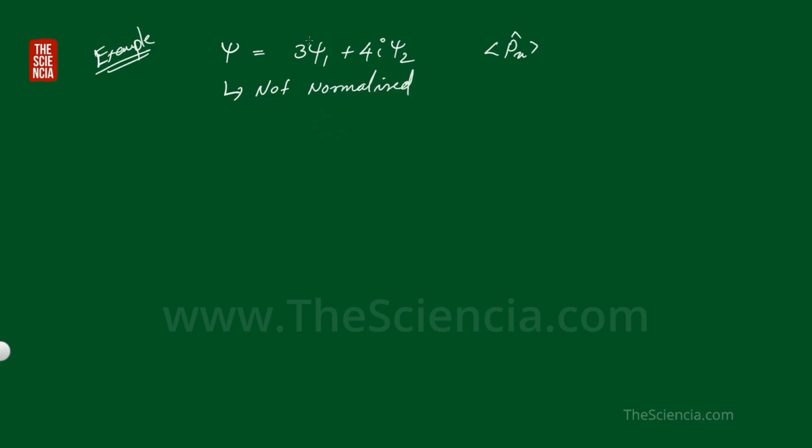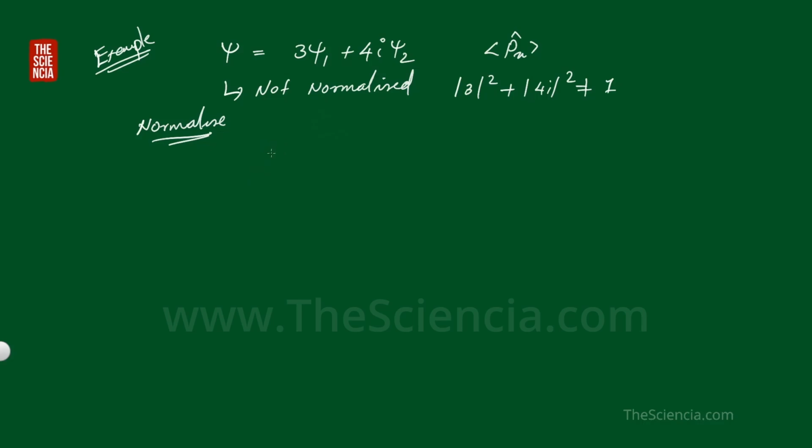See, if you take the squares of the coefficients, that is mod 3 squared plus mod 4i squared, it is not equal to 1. That is why I am telling you this is not a normalized wave function. So before solving this problem, we have to normalize. Then only it can represent the real physical situation.